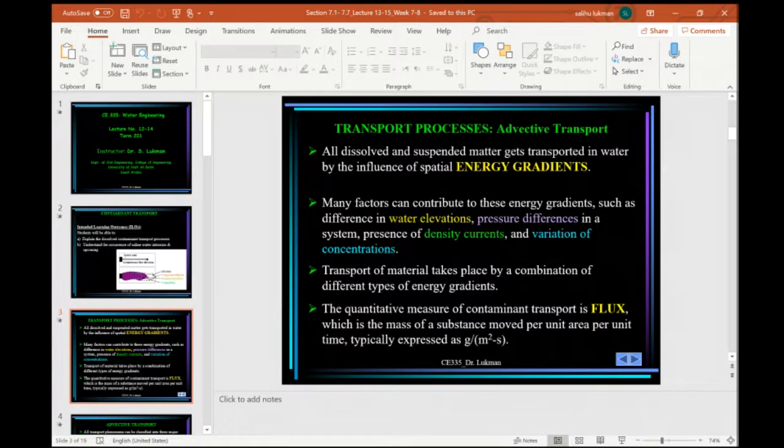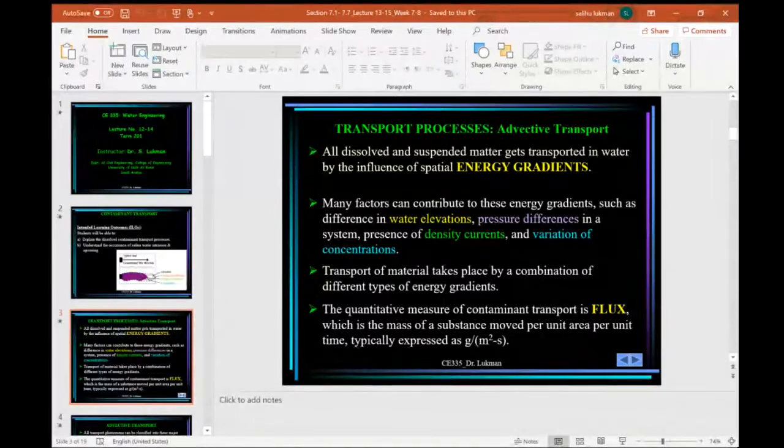Many factors can contribute to these energy gradients, such as differences in water elevations. We have seen in the previous example that when you have a difference in water elevation, the pressure head is higher at one end than the other. Also pressure differences in a system, the presence of density currents, and variation of concentrations.